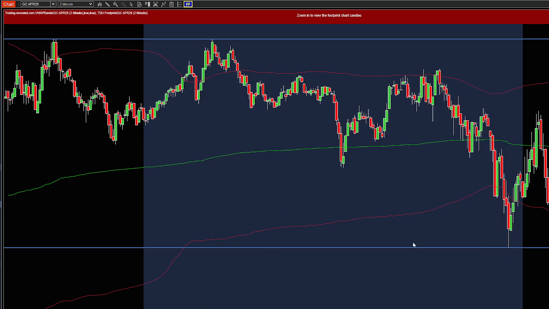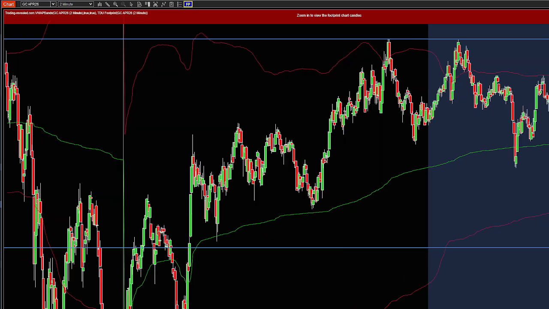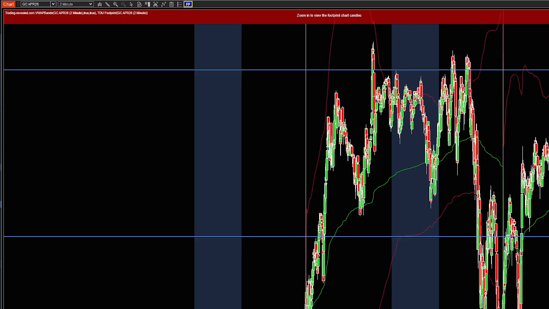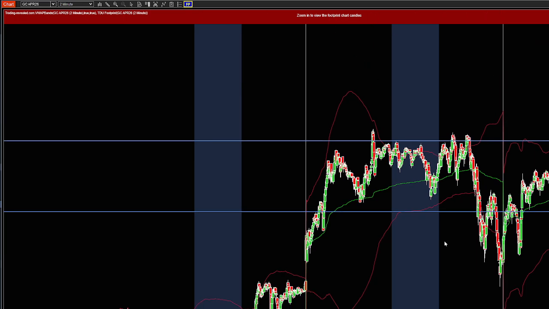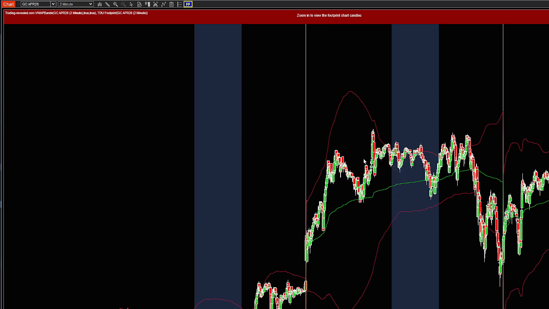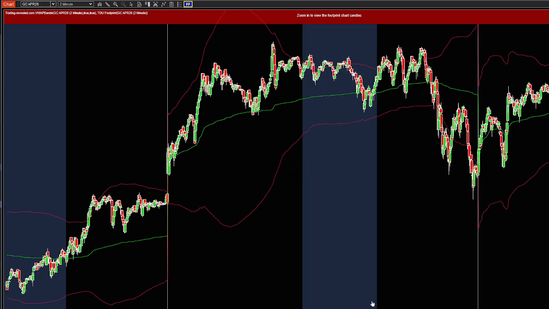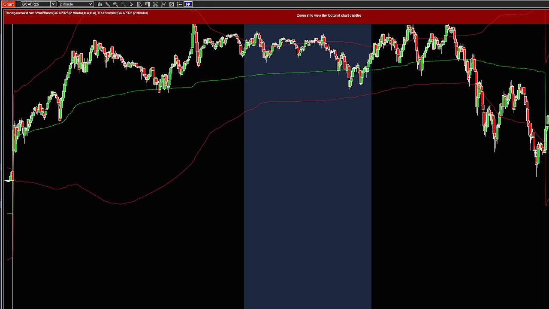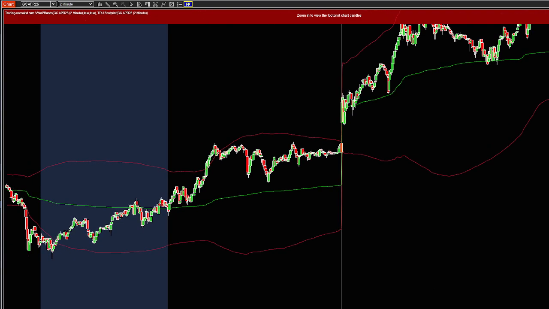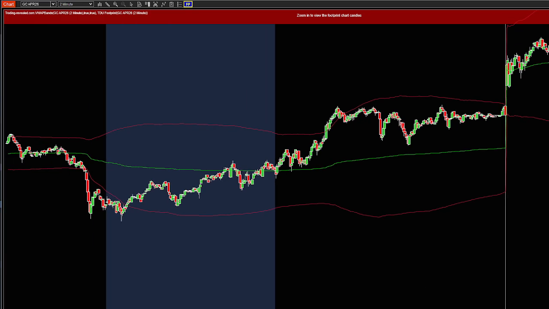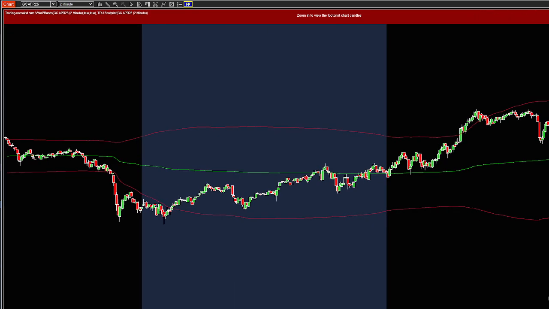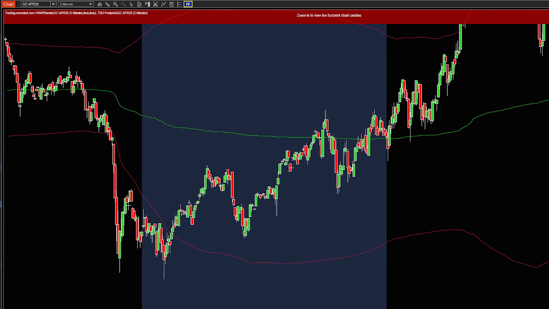Let's minimize this. This is just a walkover of what I look for and how everything goes. For context, I use the TDU footprint indicator for order flow. It doesn't really matter for now, but what I'm looking for is a rejection of the high or low of pre-market.